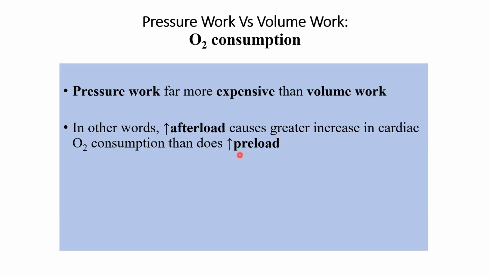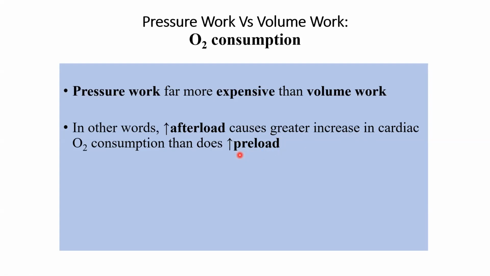Now, let me just talk a bit about this. What is afterload and what is preload is something that you need to understand, obviously, before attempting to understand this concept. Afterload, as we have been talking, is the pressure against which the ventricle is contracting. So basically blood pressure inside the aorta, or the situation of the aortic valve.